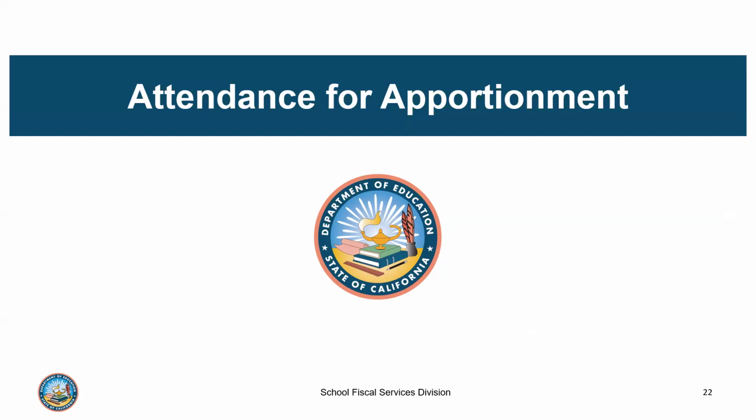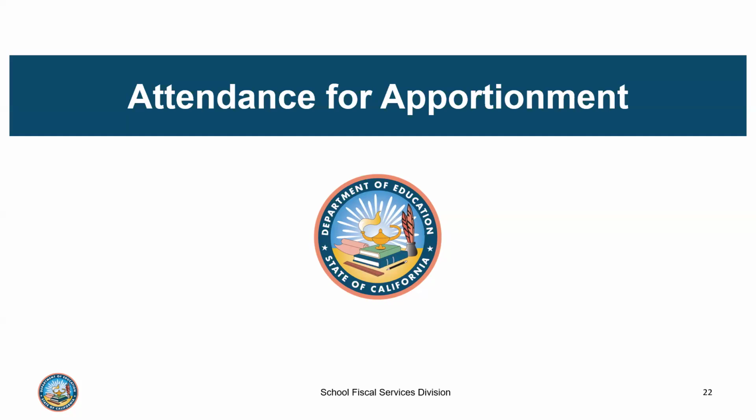Principal apportionment section, PACE, is responsible for the calculation and allocation of funds through the principal apportionment, which includes funding for the Local Control Funding Formula, LCFF, the primary source of an LEA's general purpose funding, special education, and funding for several other programs. The majority of LCFF funding is based on ADA.